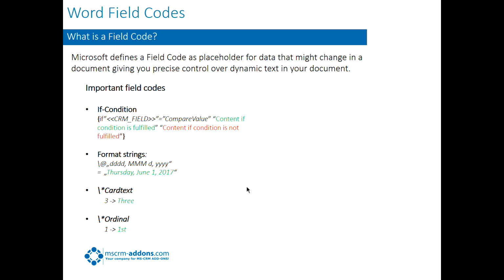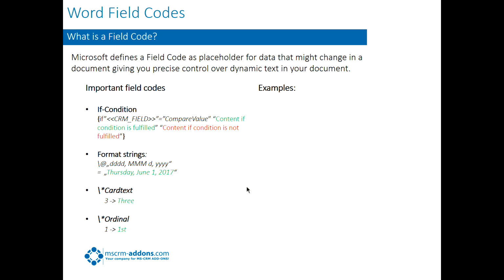If you want the date to be the 1st of this month of this particular year, you can use this switch to add that little ST, or the 2nd ND, or the 3rd RD, or the 4th TH. So it's a pretty handy little thing.